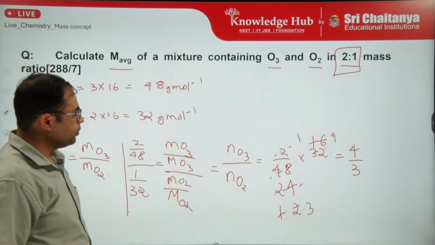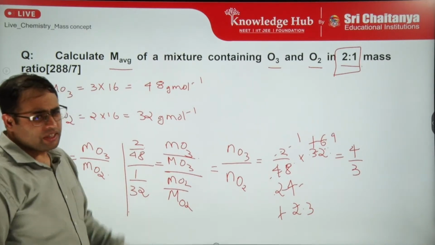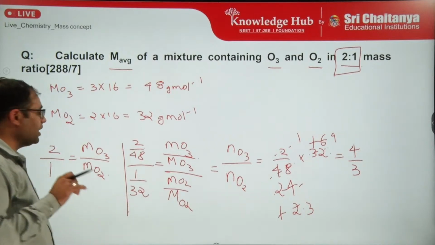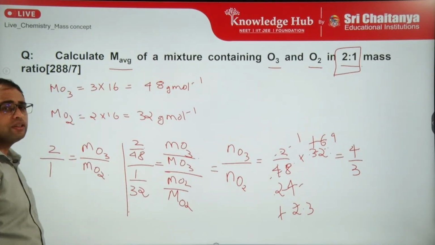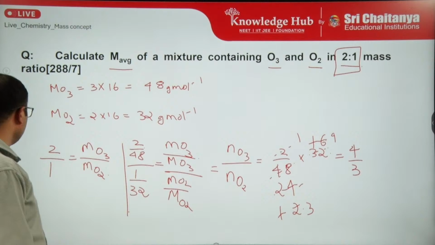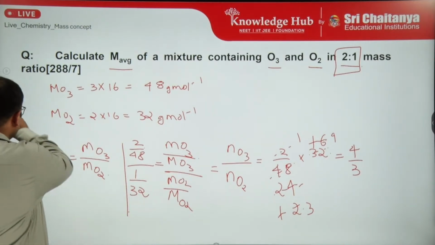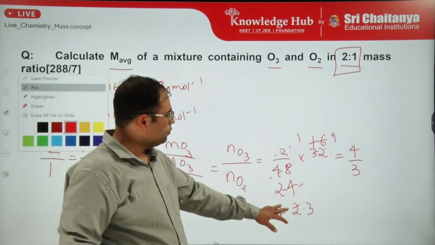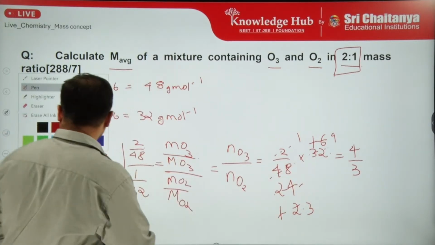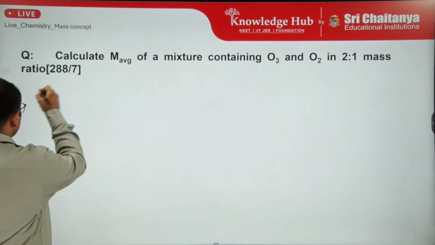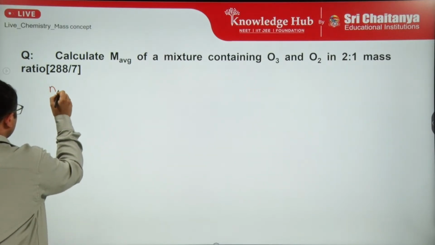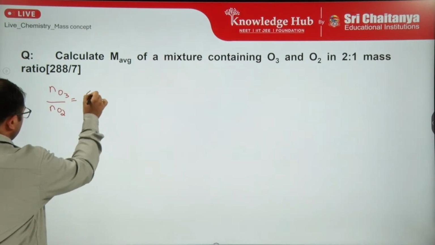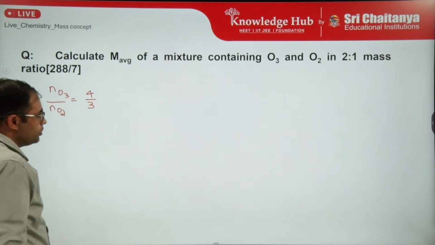This is the ratio that we are getting. Now let me clear this up and write down what we have actually got. Note this down and let us move forward. So we have got a ratio of 4:3. So moles of O3 to moles of O2 is 4:3.